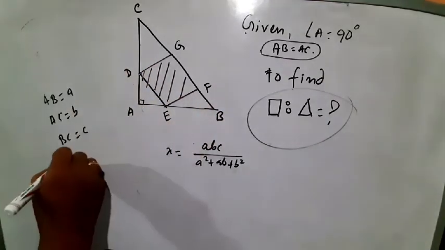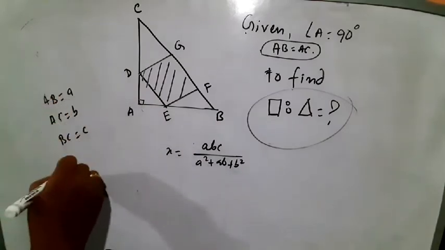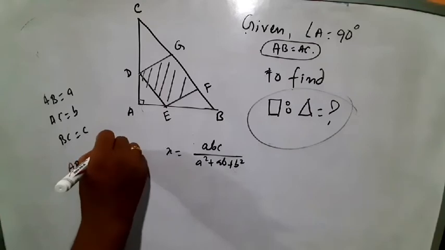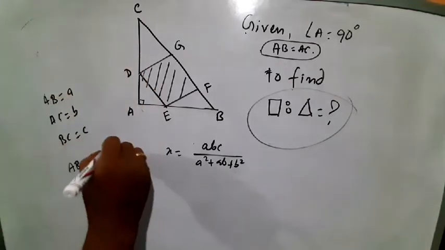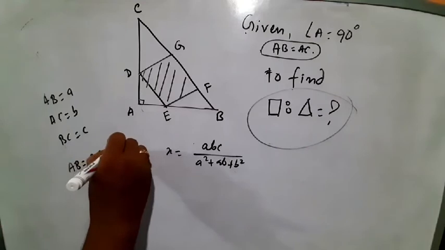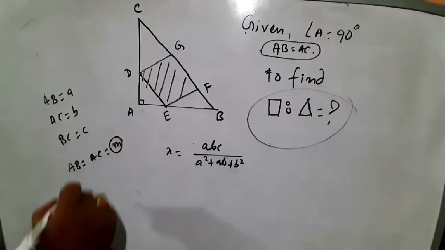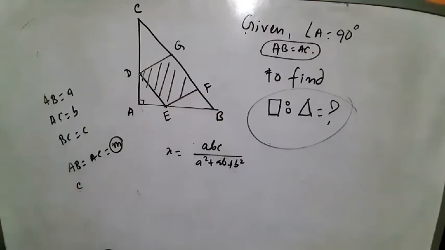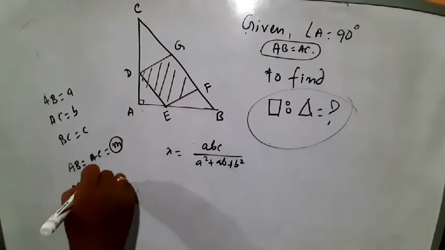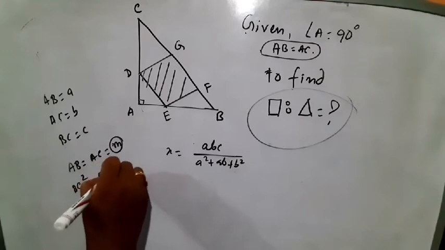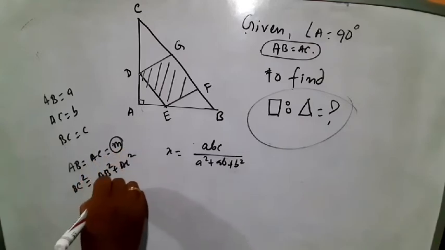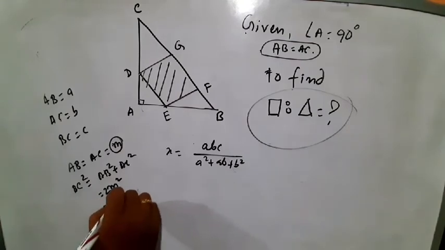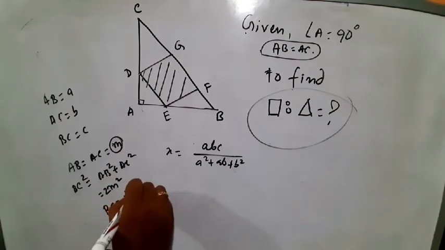So we can write AB equals AC equals m, just m. Then BC square equals m square plus m square, that is 2m square. That means BC equals root 2 m.